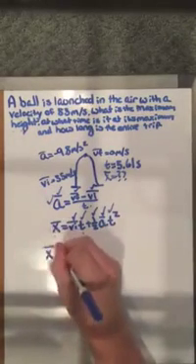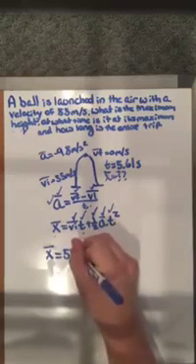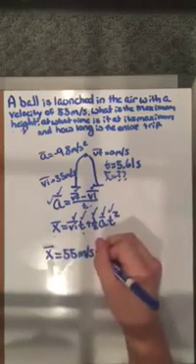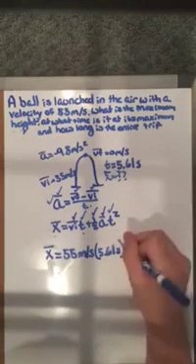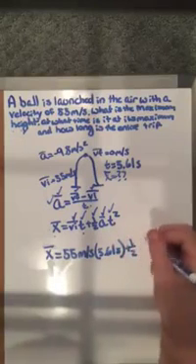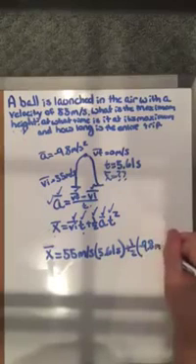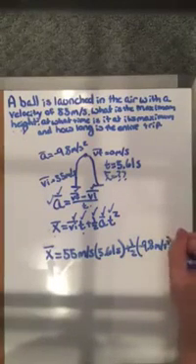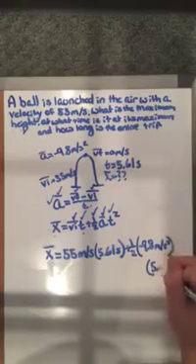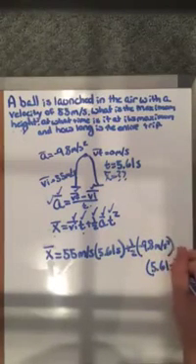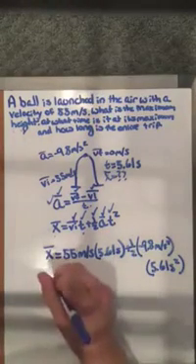So we have our distance equals our 55 meters per second, with the time in parentheses, 5.61 seconds, plus our 1/2 times our acceleration, which is negative 9.8 meters per second squared, times 5.61 seconds squared.